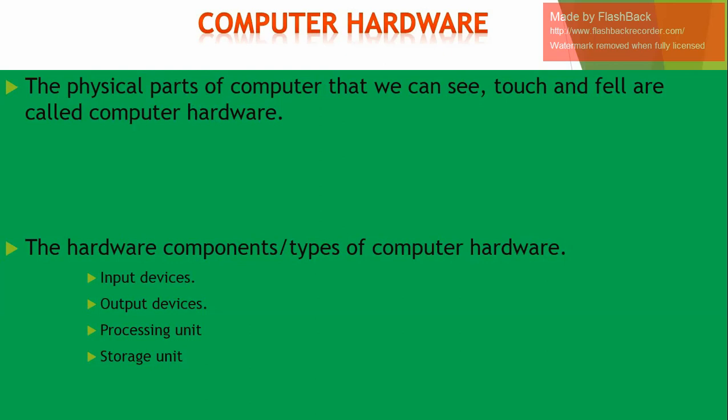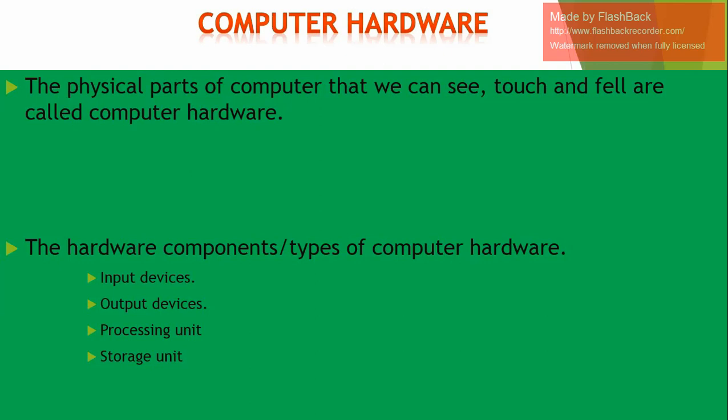The internal part is called the computer software. You know about the devices, like the input device, output device, processing unit, and storage device. These are the types of computer hardware.